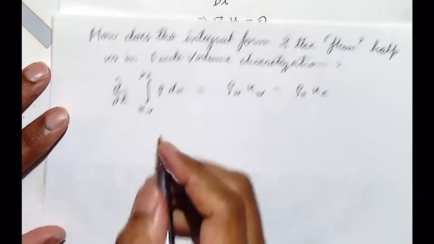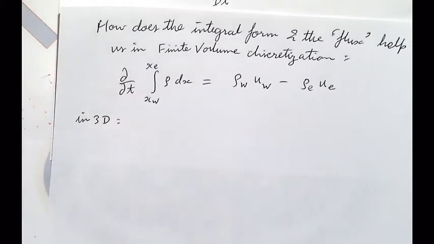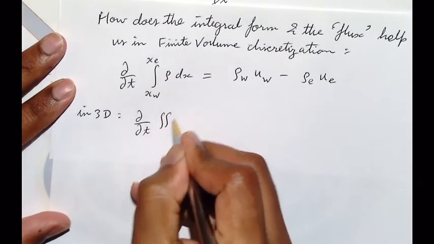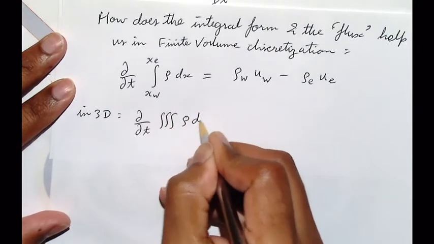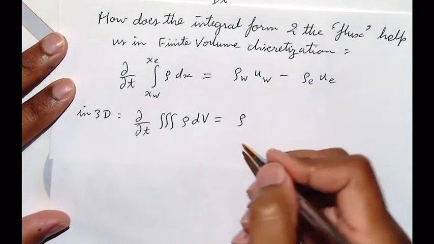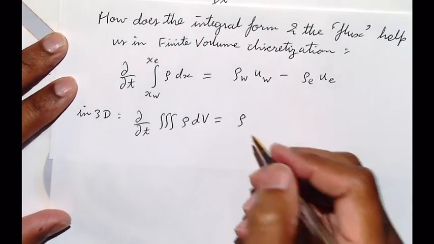All right, and in 3D, this would be d by dt of the triple integral of rho dv equals rho. There are 6 terms, but let me just write out the x term.